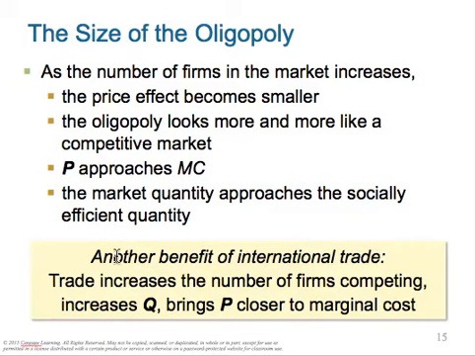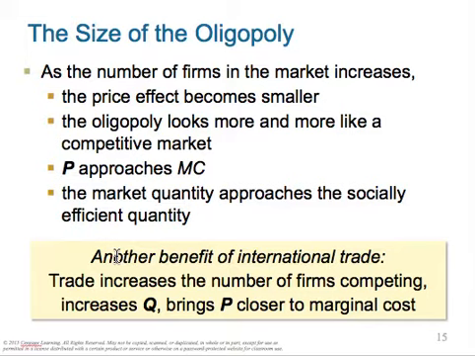All right. The size of an oligopoly, as the number of firms in the market increases, the price effect becomes smaller. Okay. The number of firms in the market increases, it means it's becoming more competitive. The oligopoly looks more and more like a competitive market as they add firms to it. Okay. Price approaches marginal cost, means things are getting more competitive, and the market quantity approaches the socially efficient quantity.